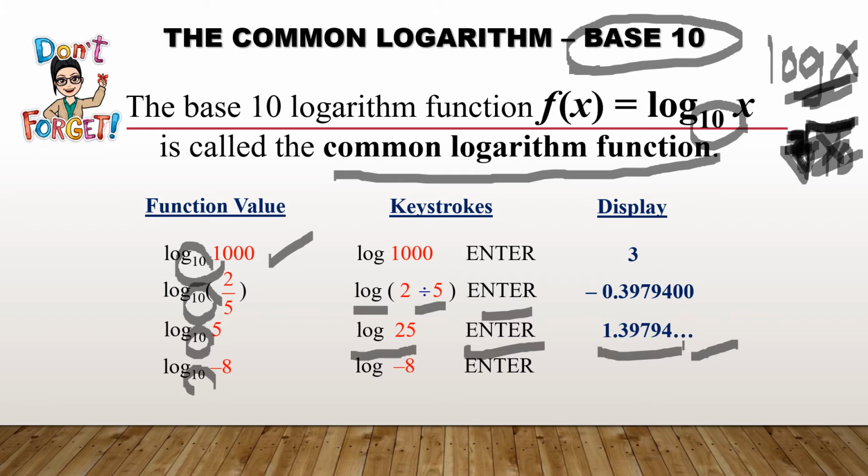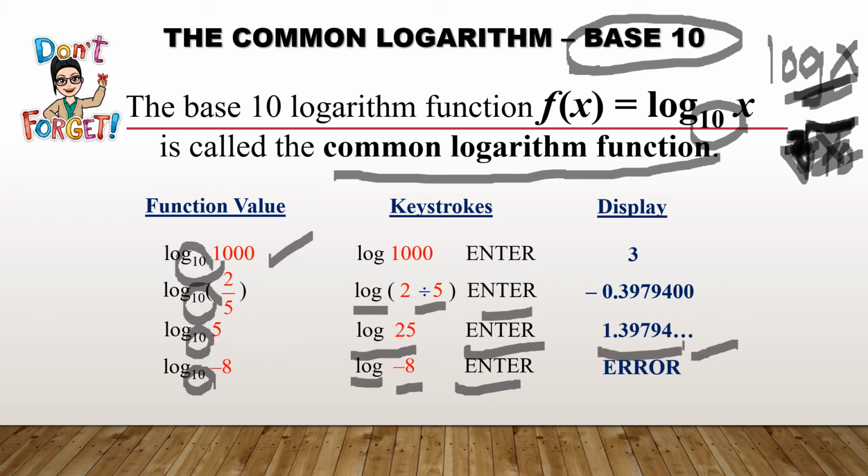Next example, logarithm of negative 8 to base 10. So what should be the exponent of 10 for us to get negative 8? Using a calculator again, press log, press negative 8, enter, and the result is error. Why error? Because there is no such exponent that will give you an answer of negative.